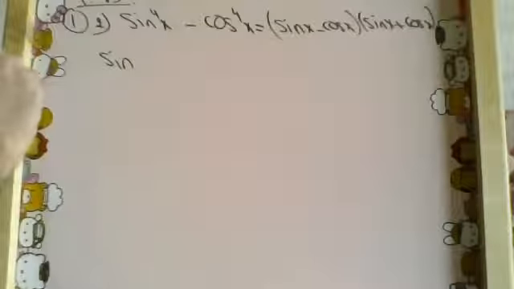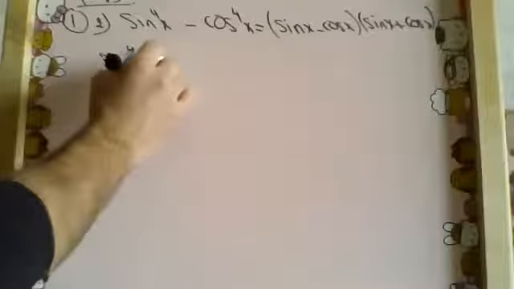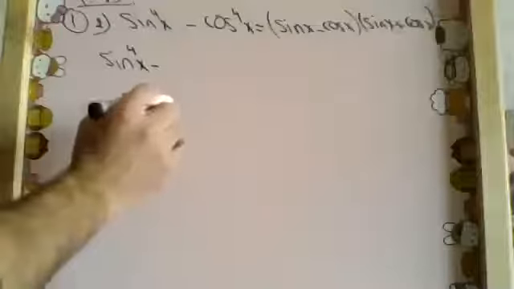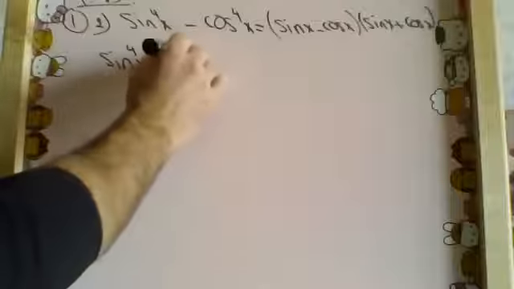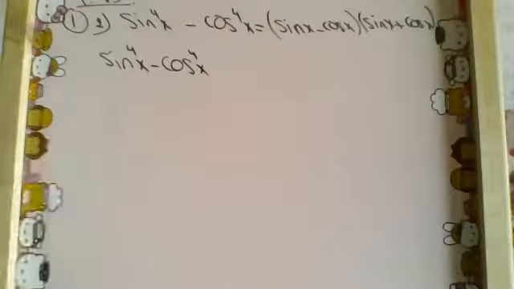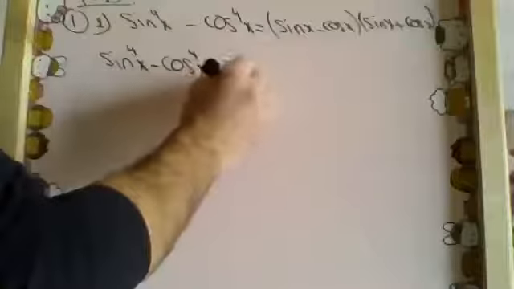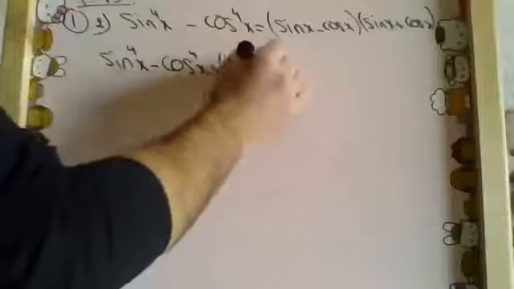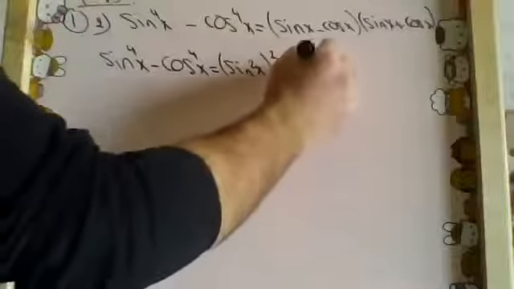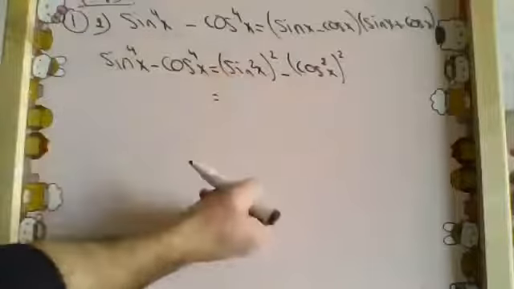Sin power 4x minus cosine power 4x. In fact it is sin squared x all to the power 2 minus cosine squared x all to the power 2. Power 4 is squared squared.